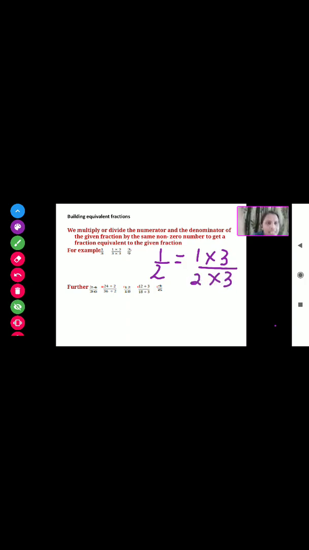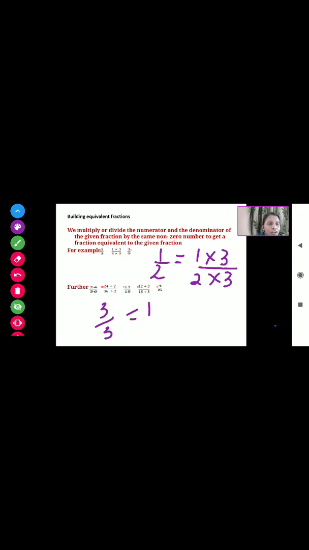So there will be a question in your mind. If we multiply, then value will be changed? No, it won't be changed, because as we know, 3 divided by 3 is equal to 1, 4 divided by 4 is equal to 1. So here it looks like that we are multiplying numerator with 3 and denominator with 3, but we are multiplying the fraction with only 1.